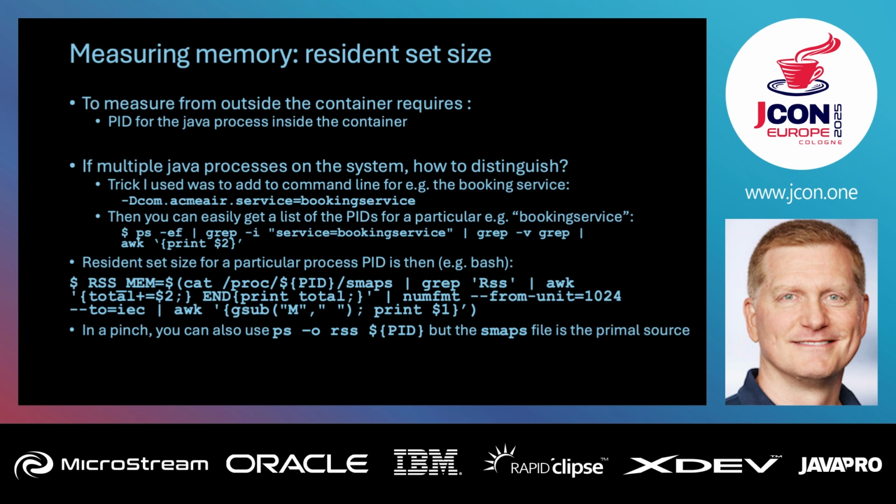The thing that you need to measure it is to know what the PID is for the Java process that's inside the container. It's possible to read it inside the container, but it's nicer in a way to be able to get it from outside. There are also obviously metrics and telemetry ways of achieving this. This is a very low-level way, and I trust it because it's actually Linux telling me how much memory is being used.